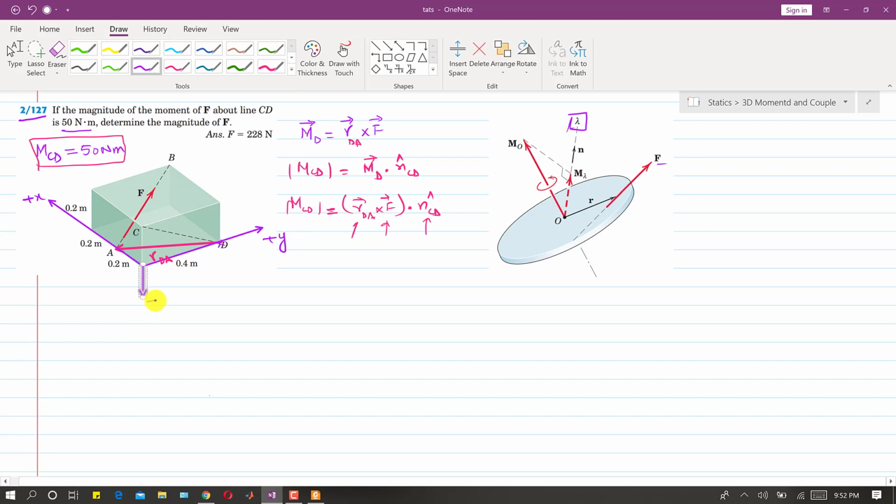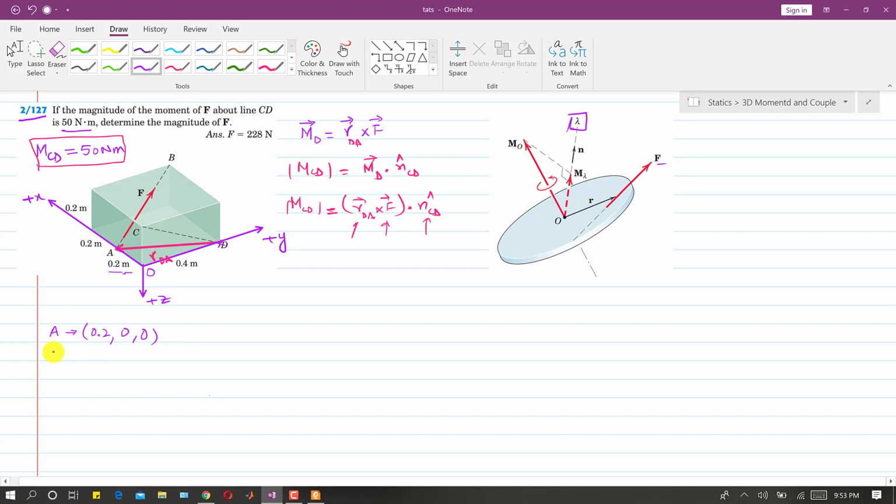So to find this RDA vector, first we will find the coordinates of this point A and the coordinates of this point D. So what will be the coordinates of point A? If this is the origin, in the x direction we need to travel 0.2 meters, so I will write 0.2, right? And since this point A is on the x-axis, there is no need to travel along y, and there is no need to travel along z. So these are the coordinates of point A.